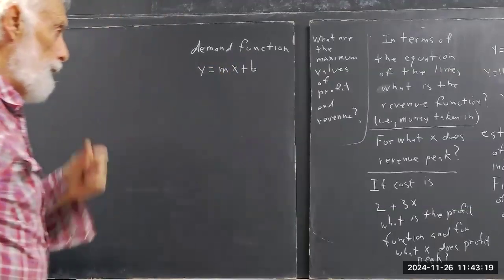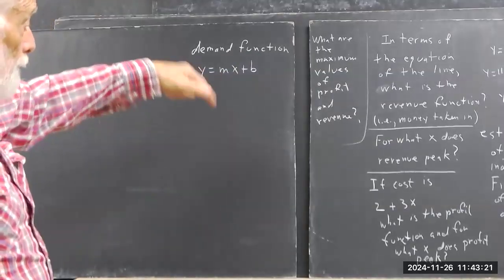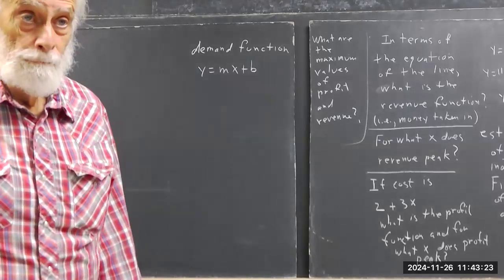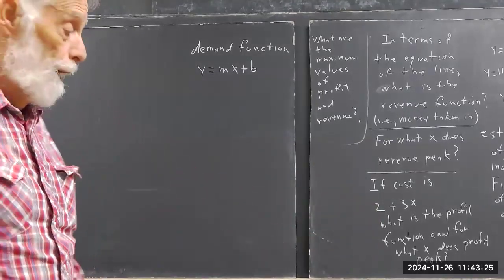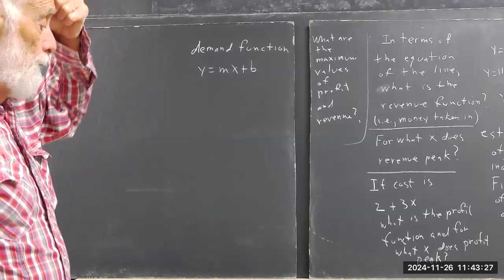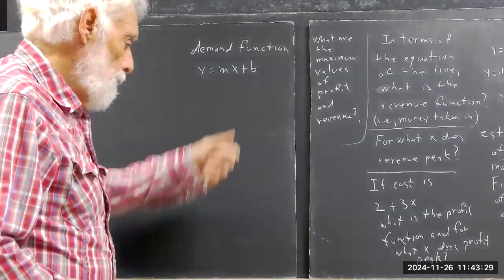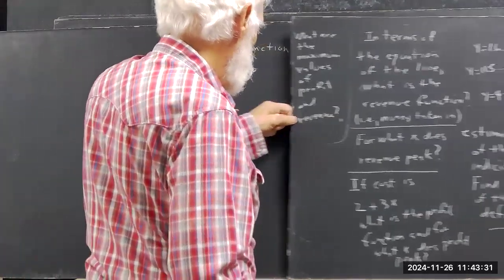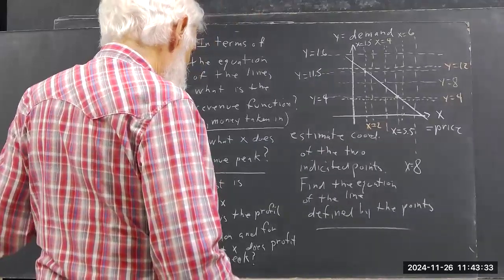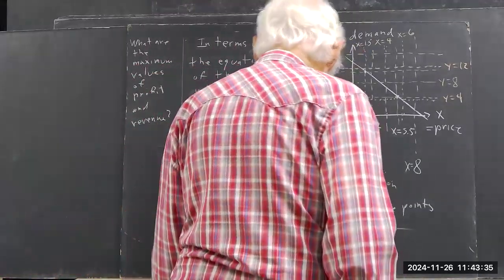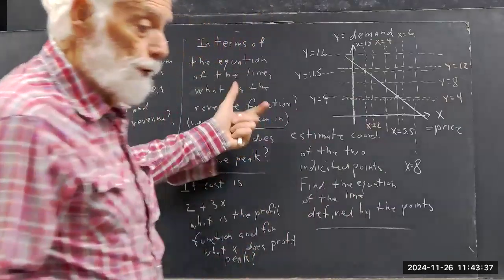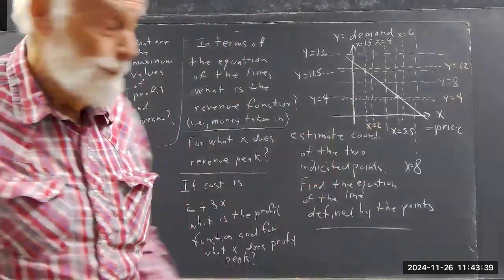One way to find the demand function is to say it's going to be y equals mx plus b. Perfectly fine way to do it. Now, how do we do that? Well, we go back over to our graph now, and we can find the slope. Because that's slope-intercept form, we need m.